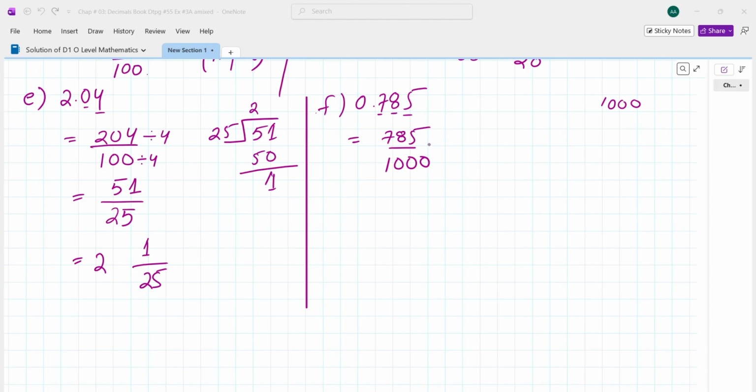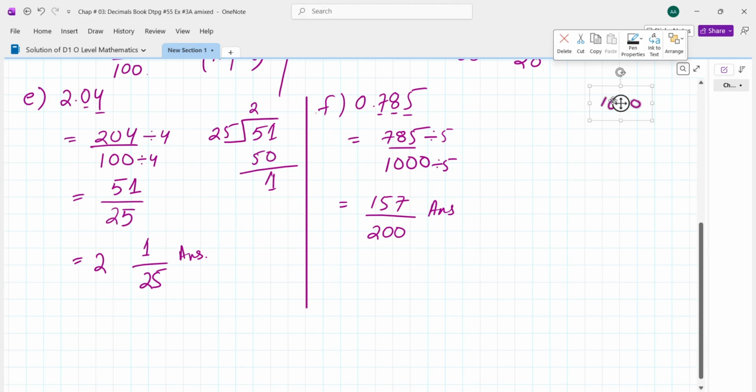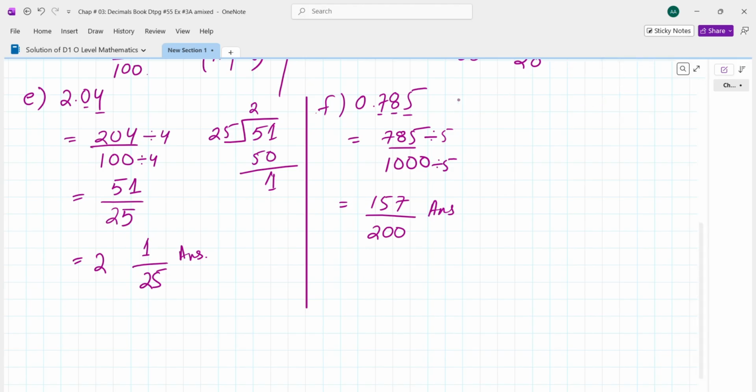Now we further simplify this fraction because there is a common factor, 5, so we divide numerator and denominator by 5. The numerator we get is 157 and the denominator becomes 200. It is a proper fraction, so we can't simplify further, and this is our answer. I hope you got all the solutions clearly. If you have any questions, you can comment. Now we move to the next part.